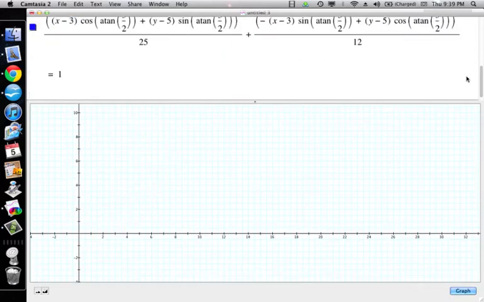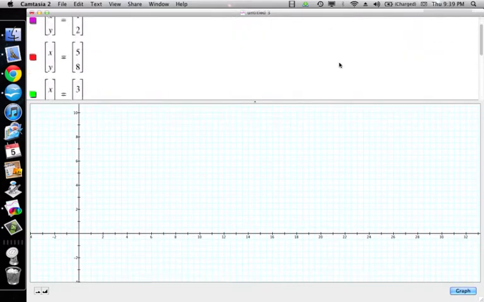The line that connects the foci has a slope of 3/2, and a point, any point will do, but let's use (3, 5).